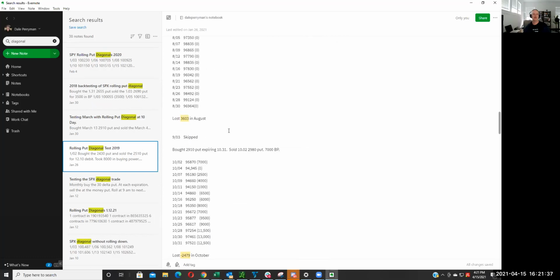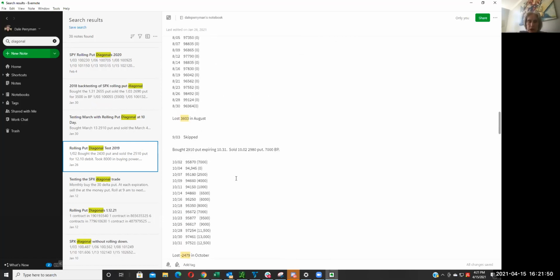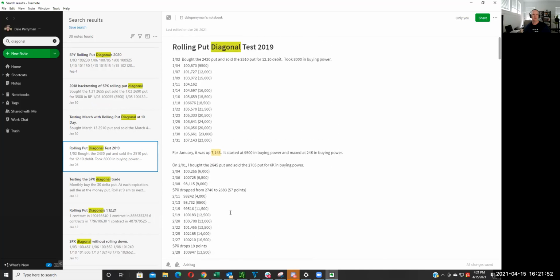Rolling put diagonal in 2019 was up $10,754 for 2019. So how many months in 2019 did you actually lose money? Okay, let's look. What was the sequential risk? In January, I was up 71.43.